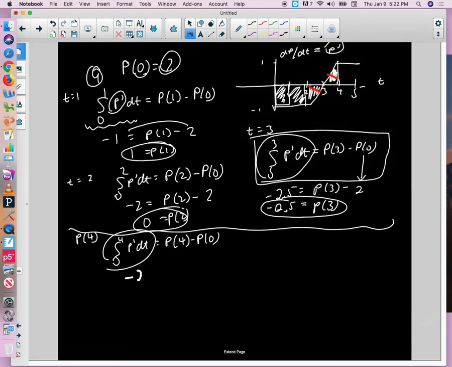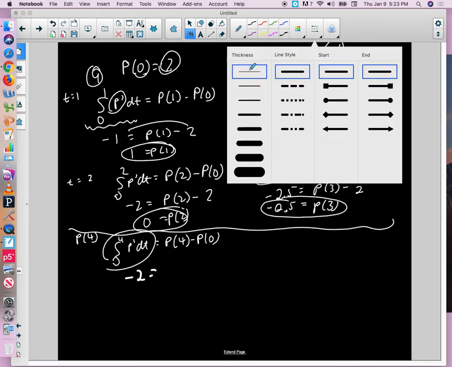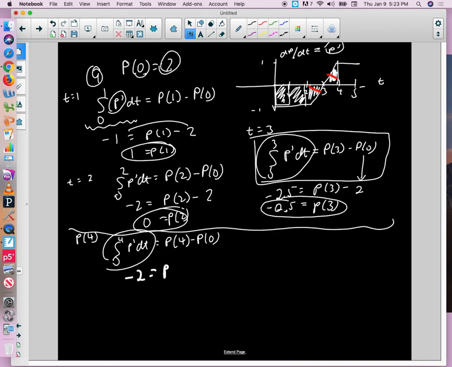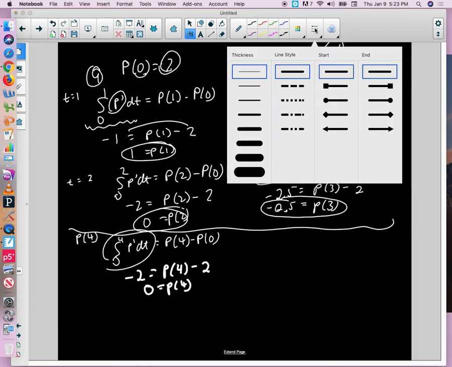So this is negative 2. So that didn't work. Negative 2 equals p of 4 minus p of 0, which is 2. And so p of 4 is also 0. I'm not sure why this isn't behaving. Let's see.